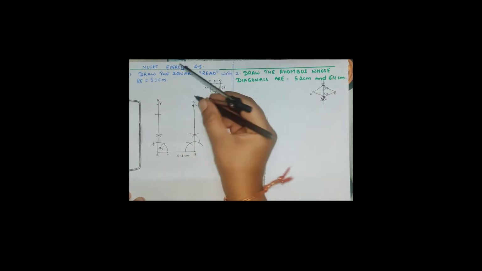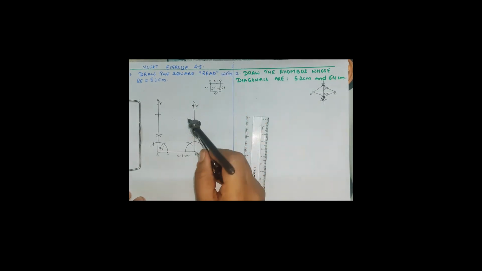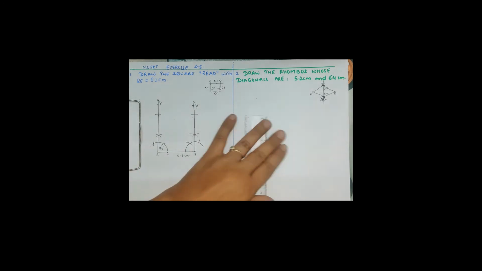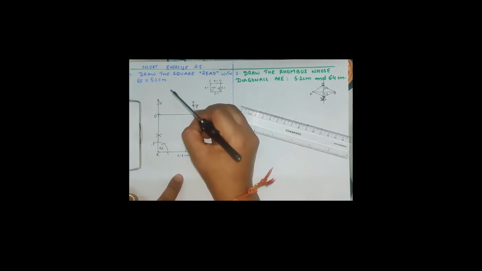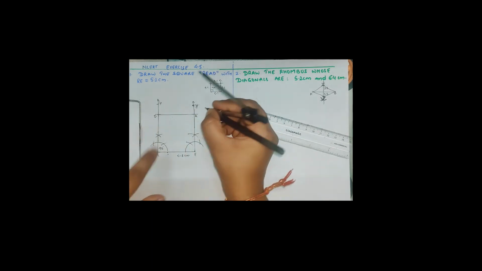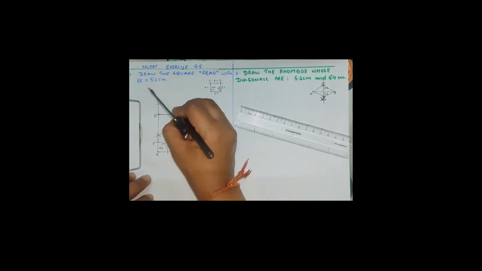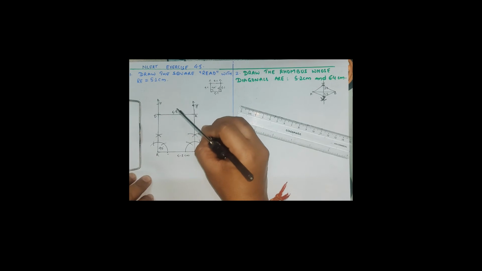And from here also you need to draw the ray RY. Take this ray as RY. Take RY, cut the same arc 5.1, join this RD and it is READ. Join AD, you will get the required square. Done.